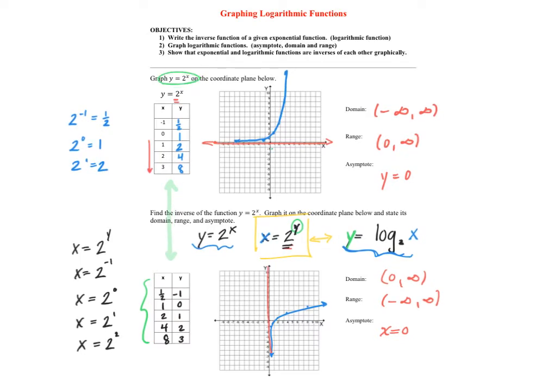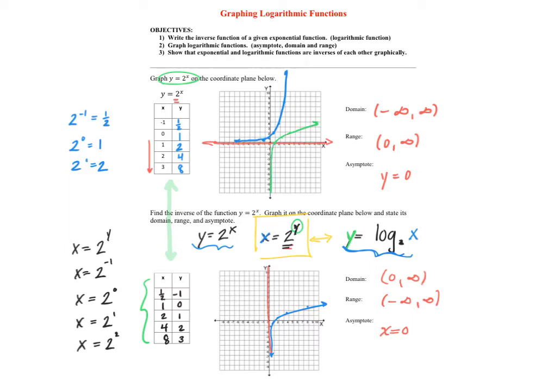It's going to be 1, 0. You're going to have a point at 2, 1, a point at 4, 2, and a point at 8, 3. If we connect those points, our curve is going to look like this, same as it looked in the bottom.